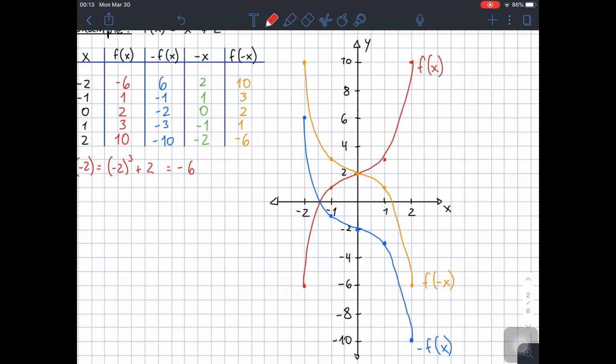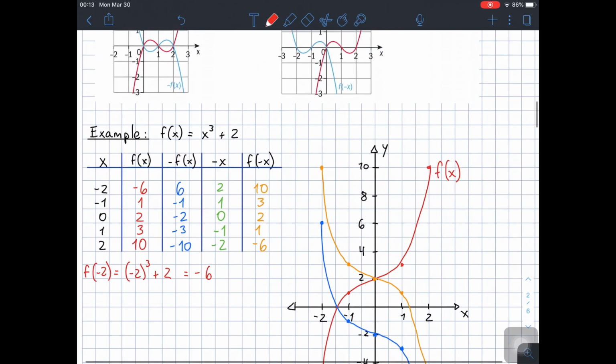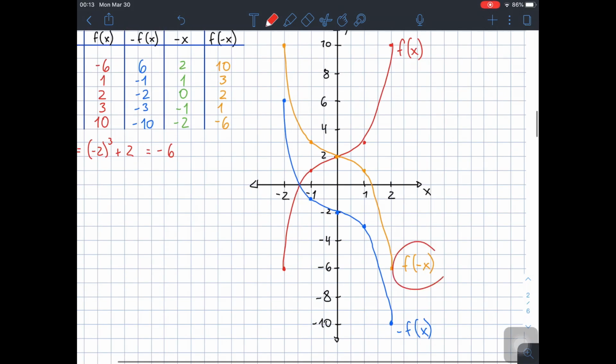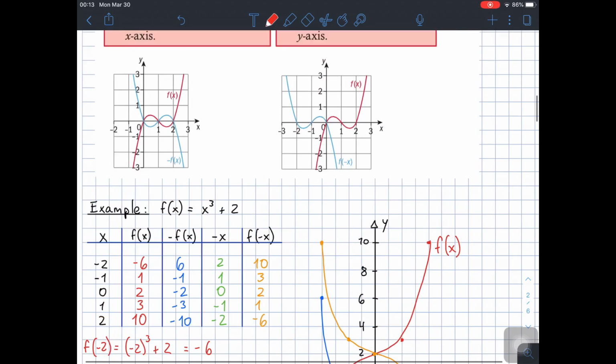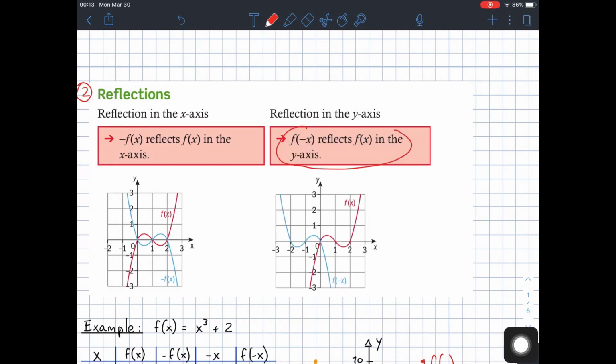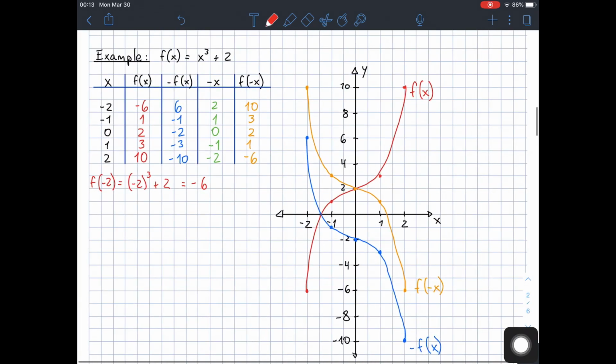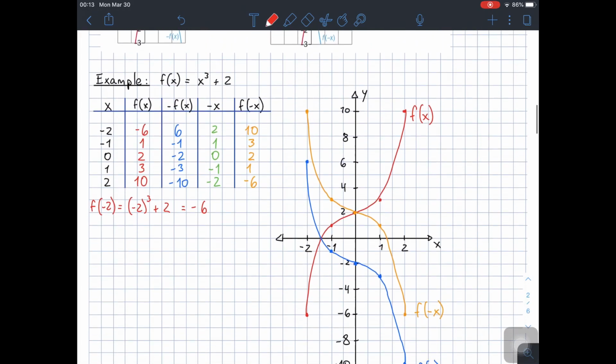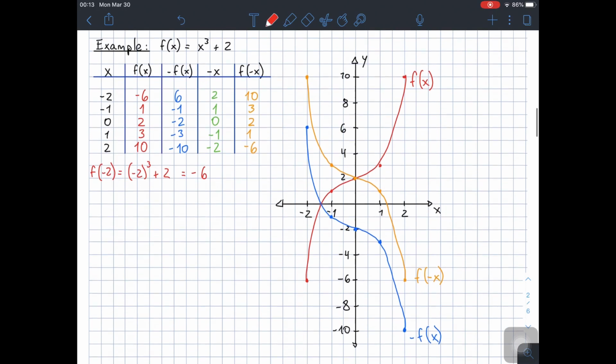The y-axis in this case is acting as a mirror, okay? And what type of reflection according to the theory was f of minus x? It says f of minus x reflects the function in the y-axis. So that's exactly what we got in this example. Okay, I hope that reflection is clear now with this example.